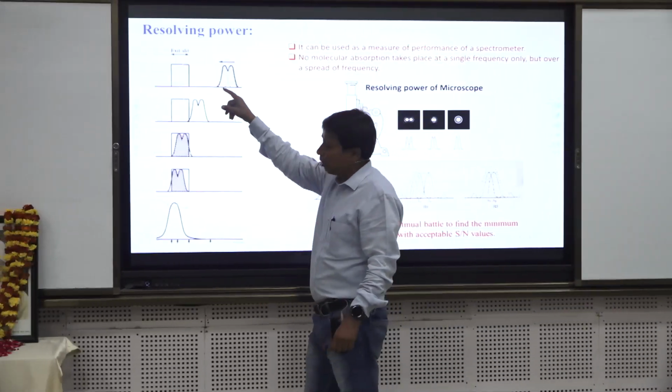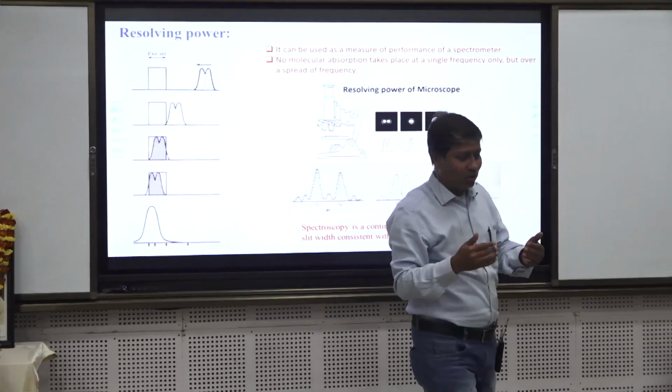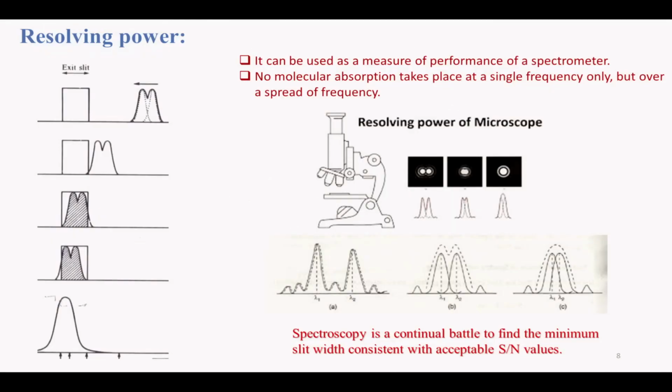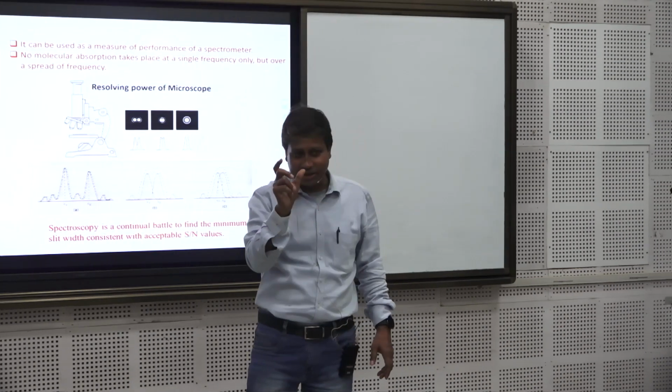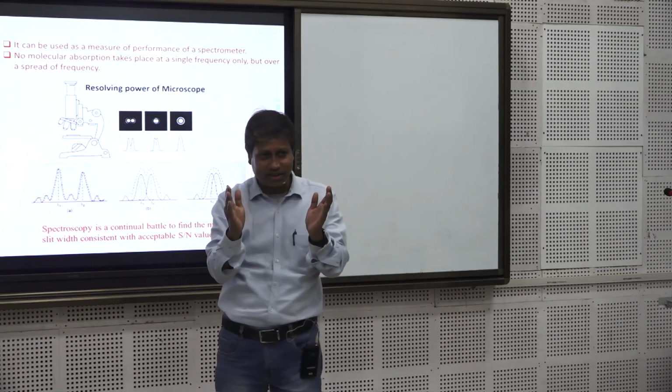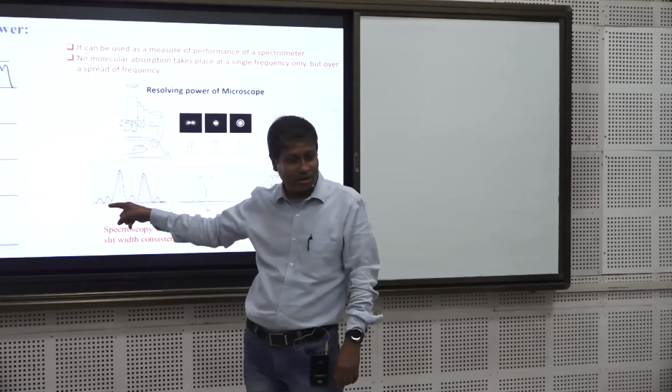Now, the problem is that on one hand, you want to increase the SN ratio, so you have to put in more light. On the other hand, the moment you put in more light, there is a possibility that the two dots will mix into one. More light means widening the exit slit to get more intensity, but the moment you widen the exit slit, you lose the resolution.